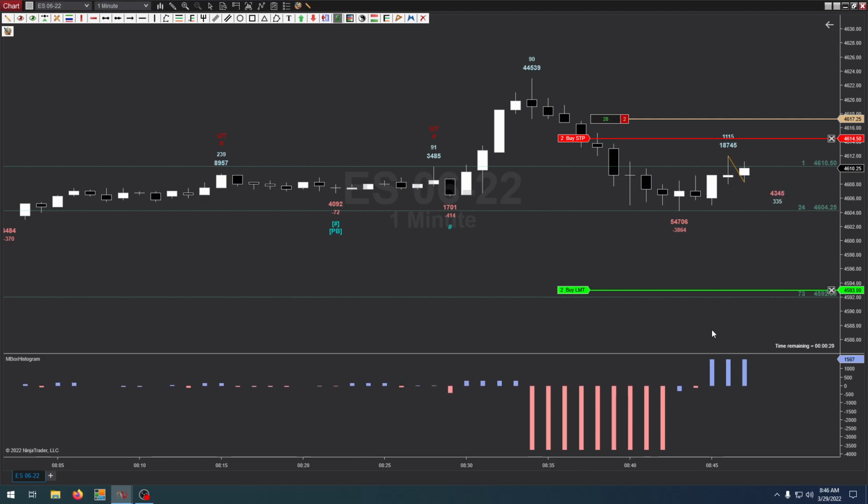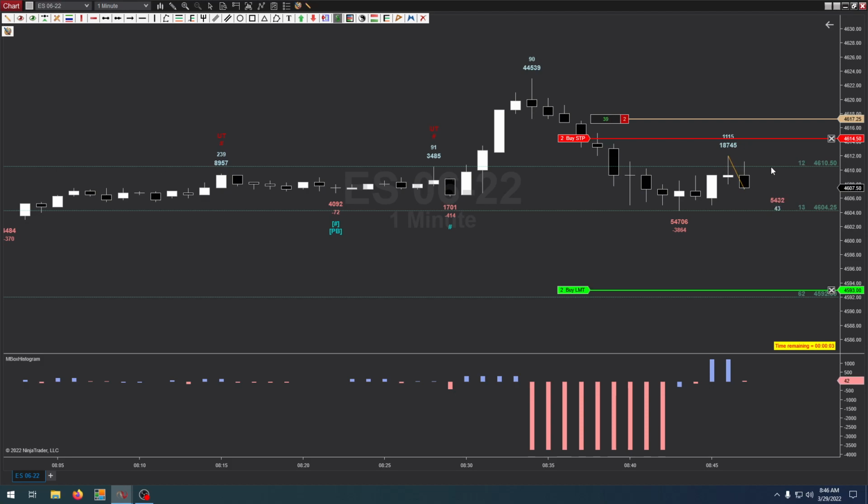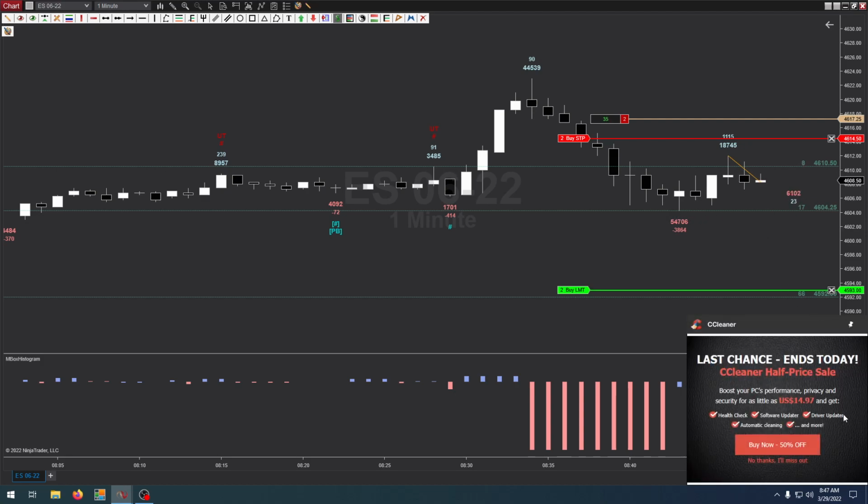What will happen? Positive volume delta right here. This is holding as possible resistance right here. This is just a swing high right here. We need to take out this level right here.